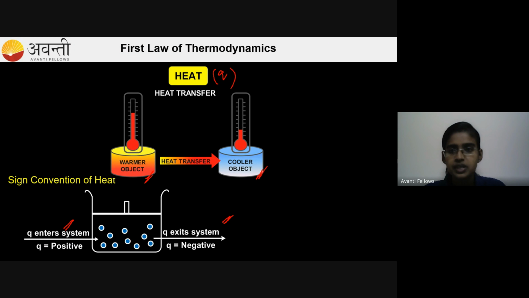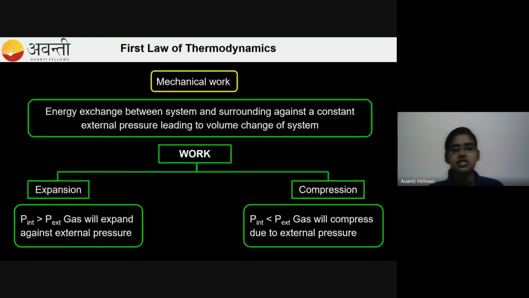So this is heat. Very important: while solving numericals, you need to know when the Q value will be positive and when it will be negative. Now coming to the second thing, which is work.